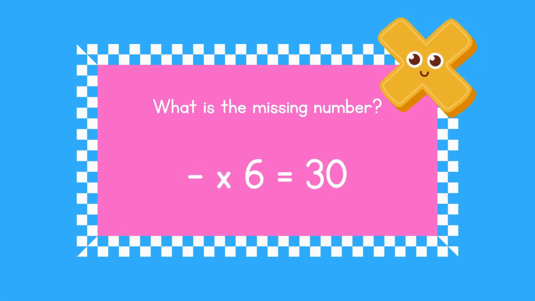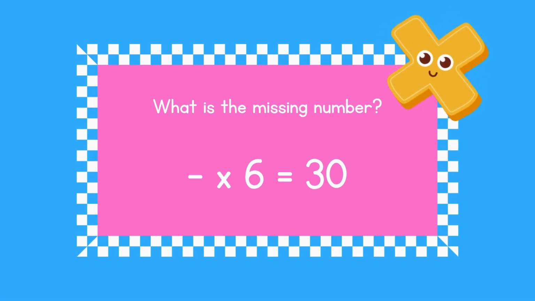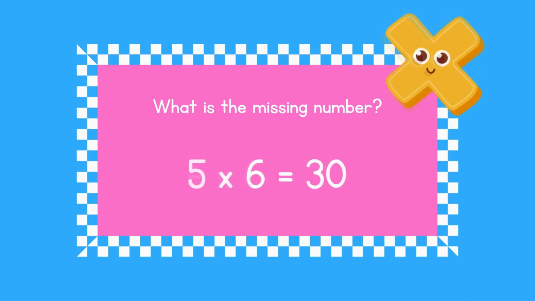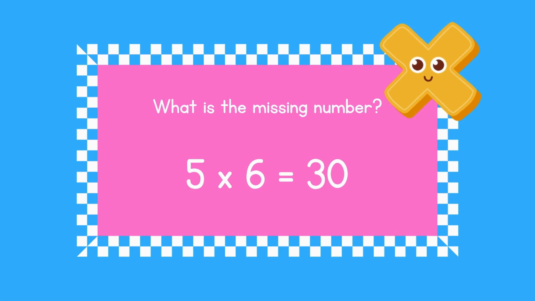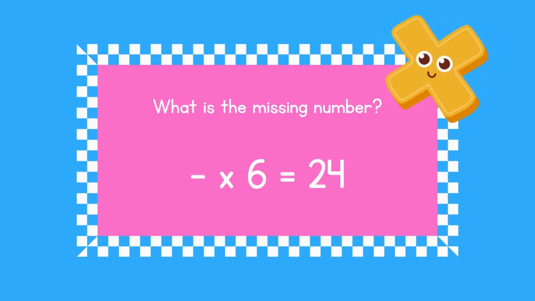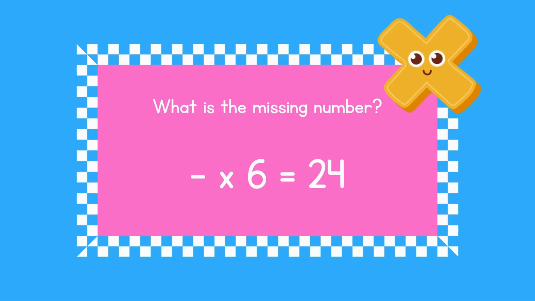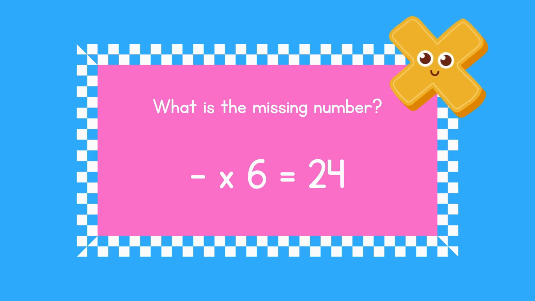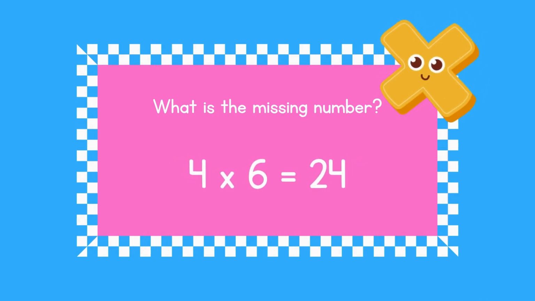Find the missing number. Five multiplied by 6 is 30. Find the missing number. Four multiplied by 6 is 24.